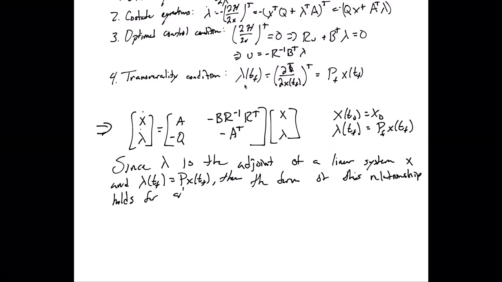So that means that we can find a solution, lambda is equal to P of T times X of T. Okay?